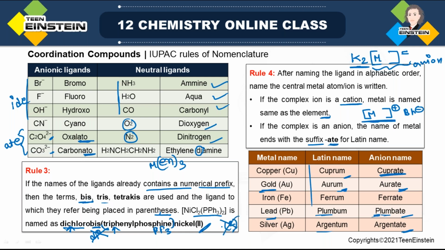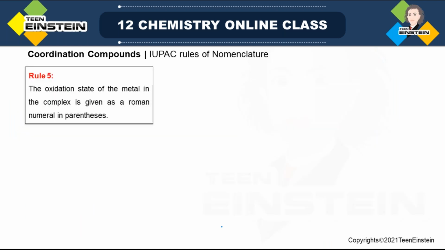Don't do this, okay? Sometimes in the options different names will be there, and if it is asked, choose the correct one. If in any option normal numerals 1, 2, 3, 4 are used, that is wrong. So Roman numerals are always used. That is rule number 5.